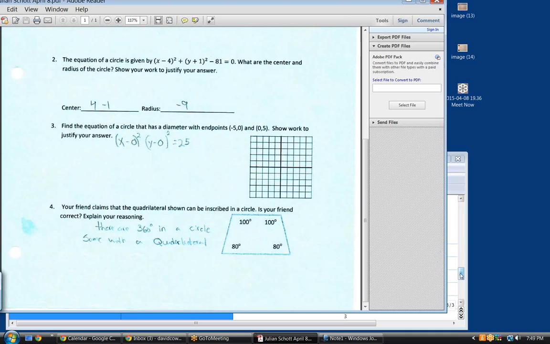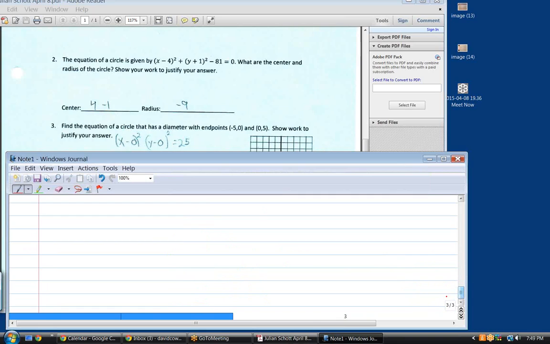But it makes me think that they can't be, because all I have to do is make a quadrilateral that does not have supplementary opposite angles. If I make that 90, then surely I could make, hold on, there's a quadrilateral I cannot inscribe in a circle. This isn't 90. That's less than 90. That's about 40.